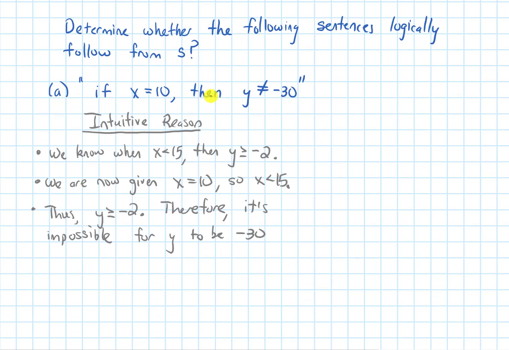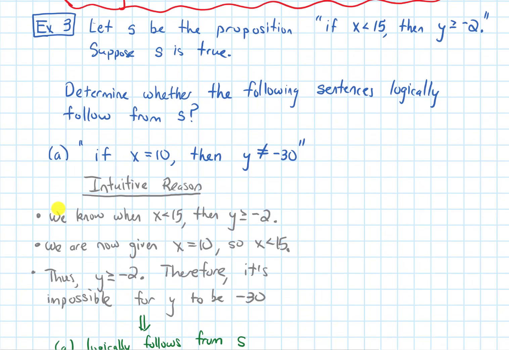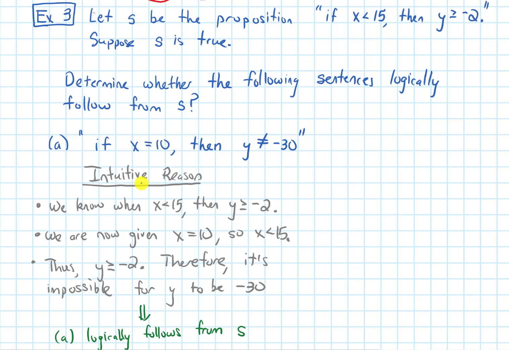So we do get to conclude that y is not equal to -30. So that means this statement, let me just call it A, logically follows. This logically follows from the proposition we started with, S. Okay, so that's sort of an intuitive reason for why this is true.